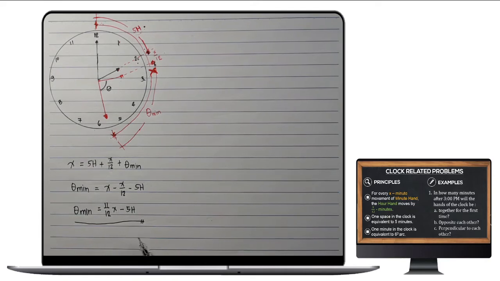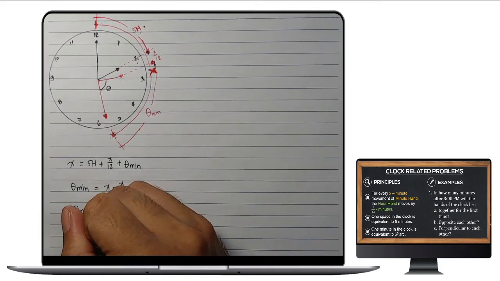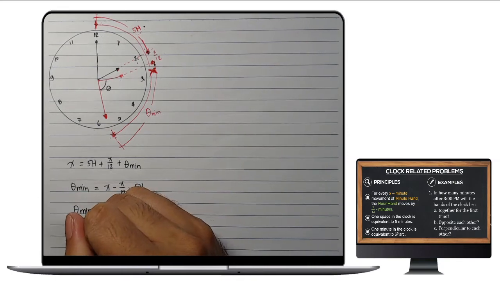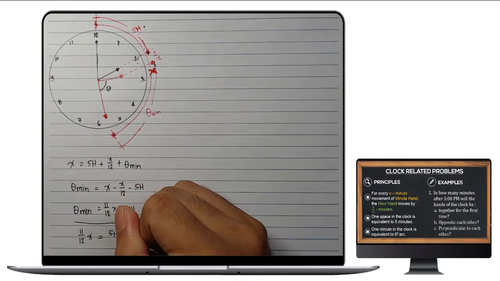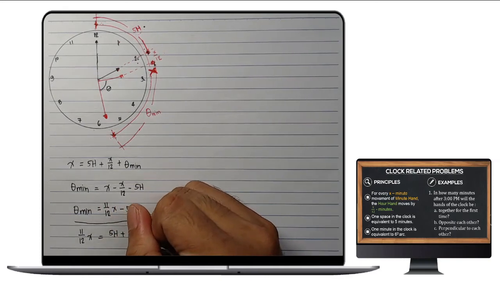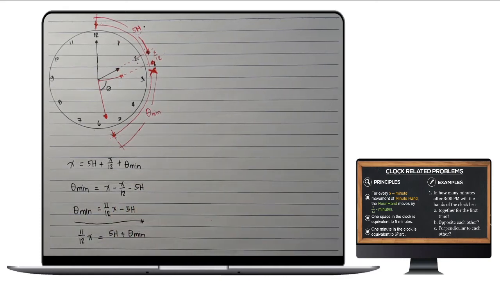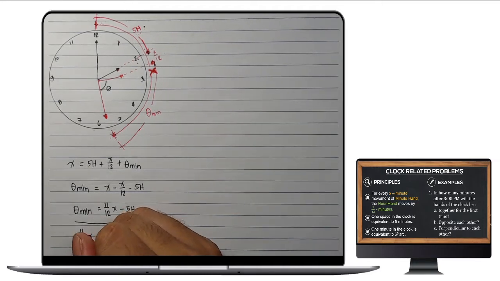So, when we solve for x, we just transpose. So, it becomes 11 over 12x is equal to 5h plus theta in minutes. Okay? So, we can solve for the value of x here.